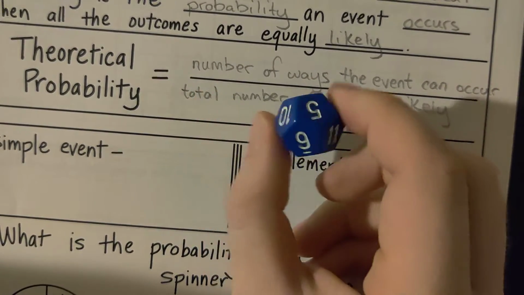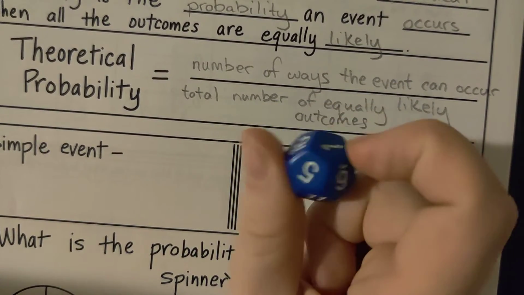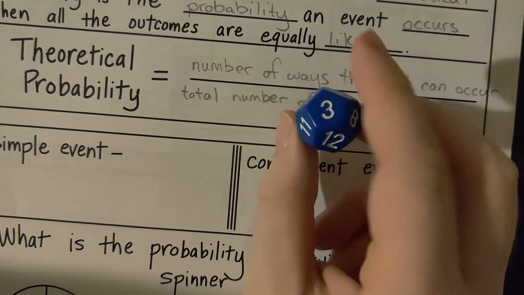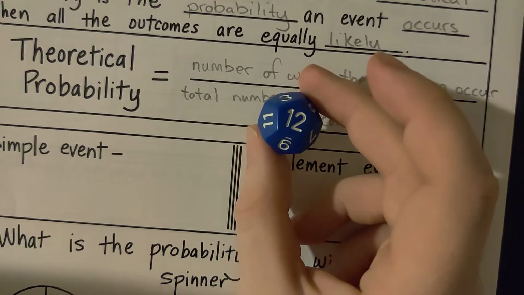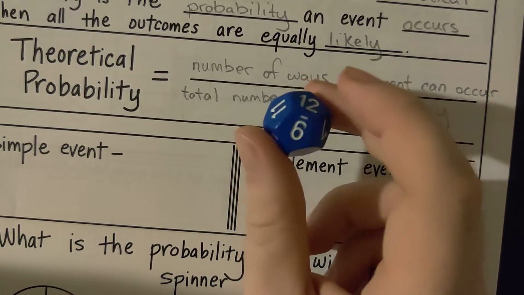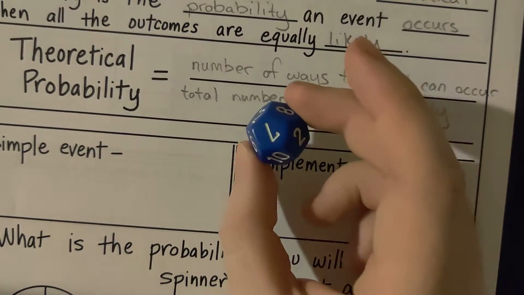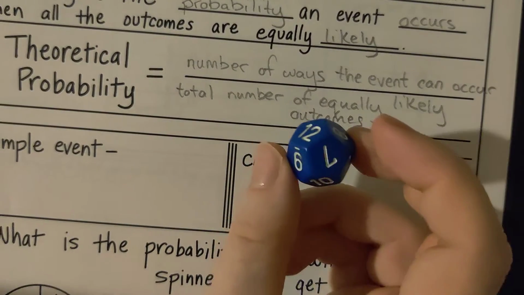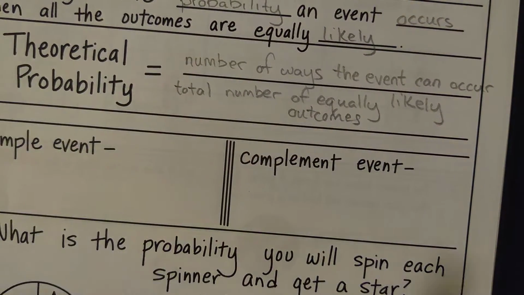That's 4 out of 12 sides, which also reduces to 1 out of 3. If I wanted the probability of rolling a number bigger than 9, well, that's 10, 11, and 12. And so that's 3 out of 12. But the point is, we can look at the probability of different things.